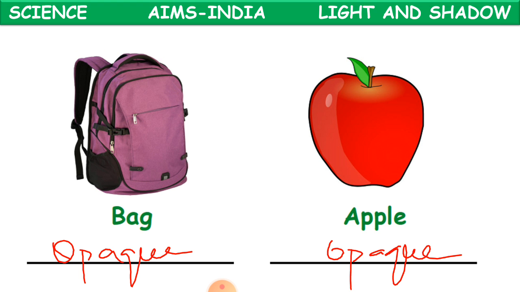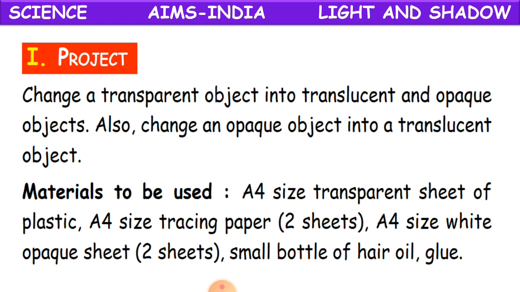Now here you have got one project, children. What is this? Change a transparent object into translucent and opaque material objects. Also change an opaque object into a translucent object. So here you can change the objects from translucent to opaque.